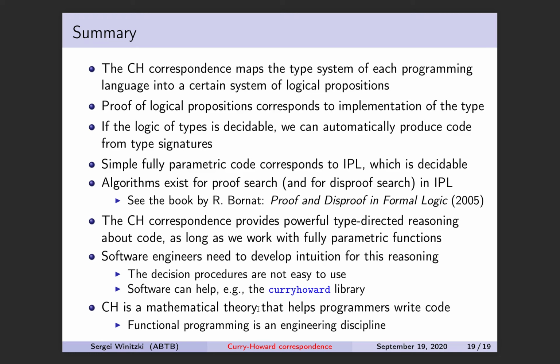They have mathematical computations and algorithms and formulas that guide them in the design of their products. Functional programmers are in a similar situation. In at least certain cases, such as fully parametric code, mathematical theory directly guides programmers in writing their code. This concludes the tutorial.